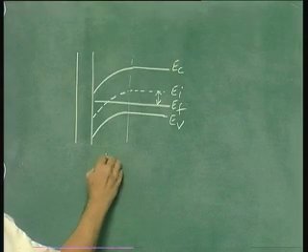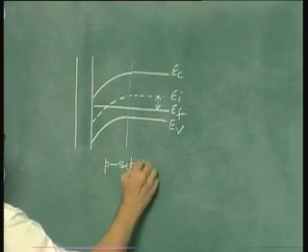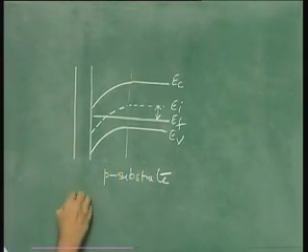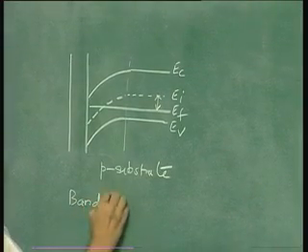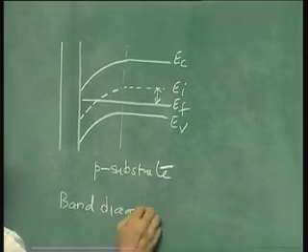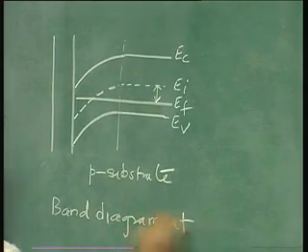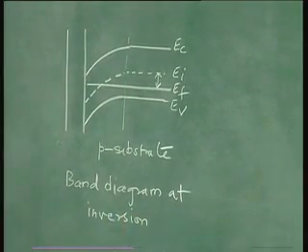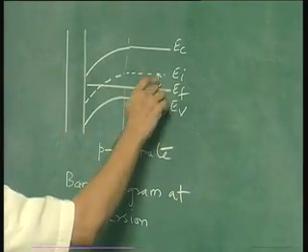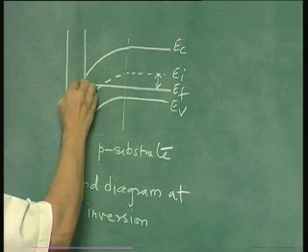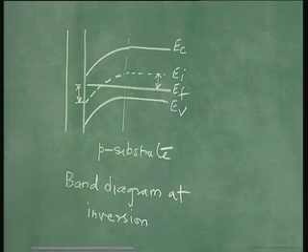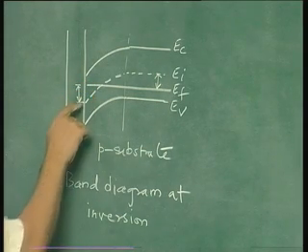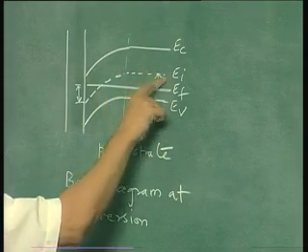So this is the P substrate, band diagram at inversion. So this distance is equal to this distance. So this ensures that Ns is equal to p naught.